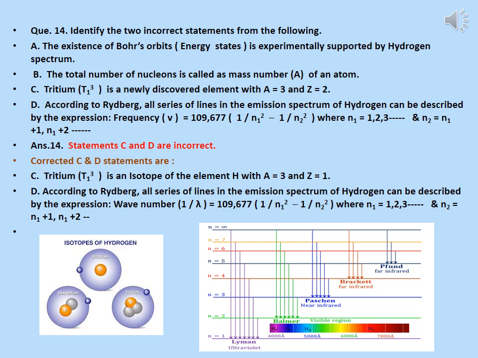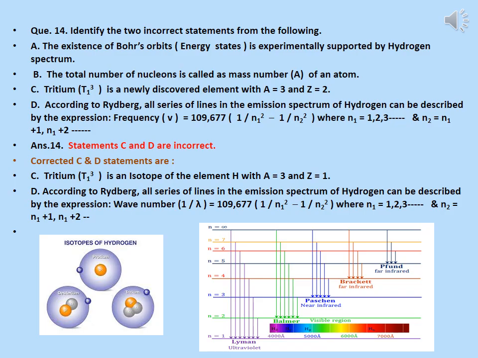Question number 14. Identify the two incorrect statements from the following. Statement A. The existence of Bohr orbits or energy states, we can also call them stationary states, is experimentally supported by the hydrogen spectrum.